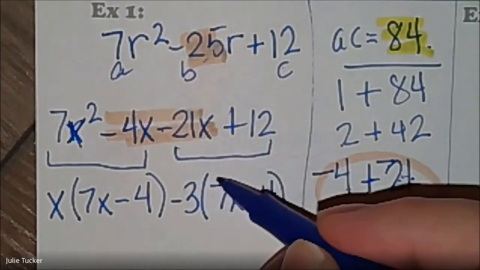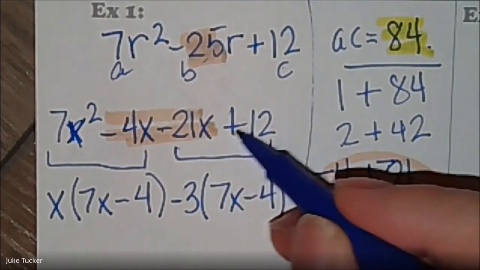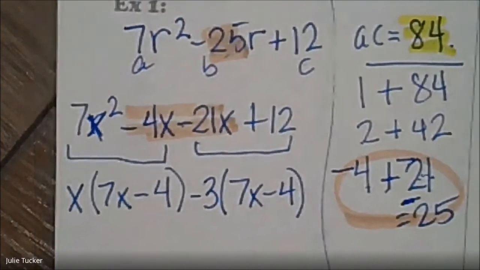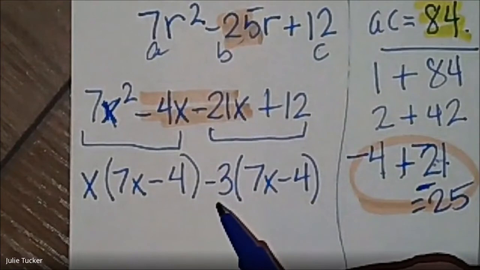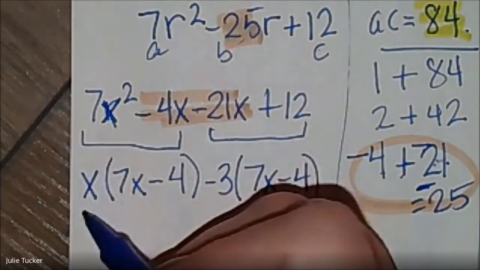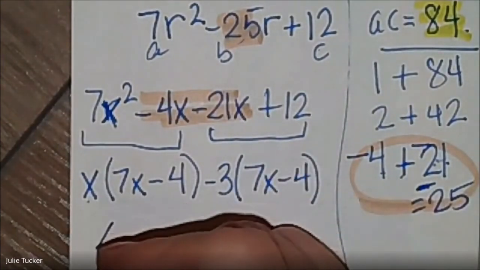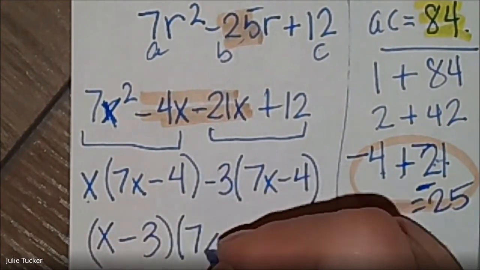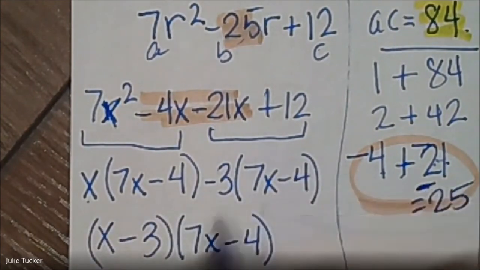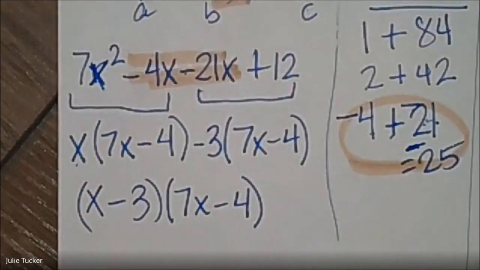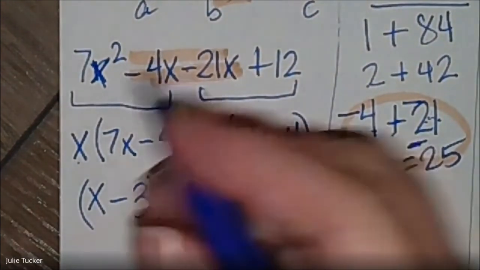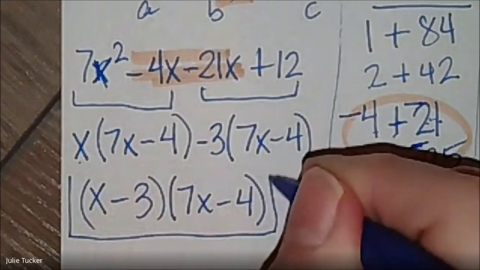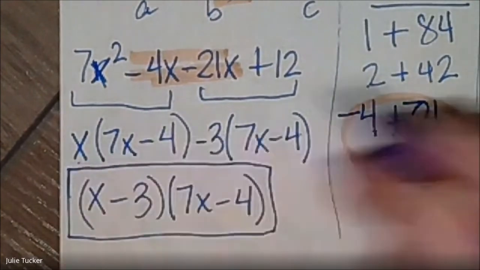And negative 3 times negative 4 is positive 12. Now we're almost done. Now we do that thing where we put this one with that one in the same parentheses. And 7x minus 4 in the last set of parentheses. And that is the final answer. That is the factored form of this polynomial that we started with.